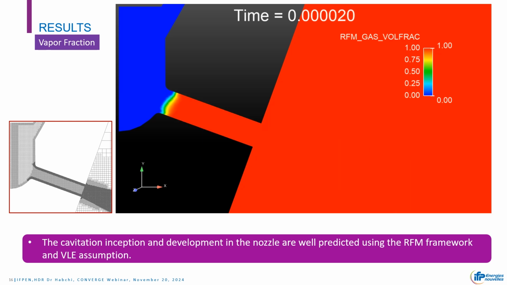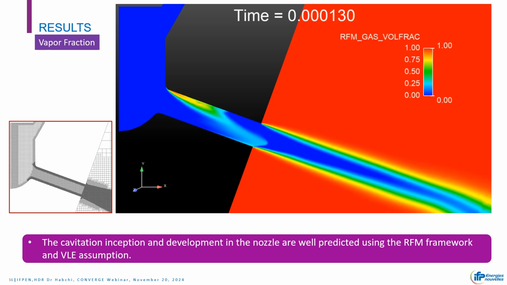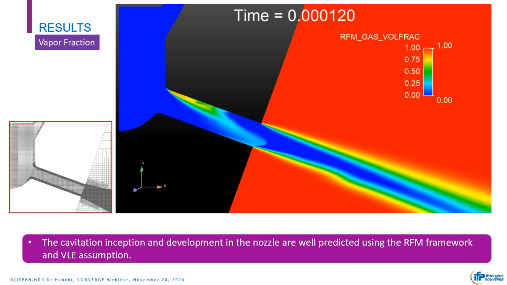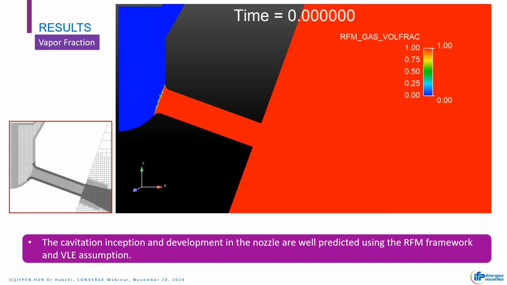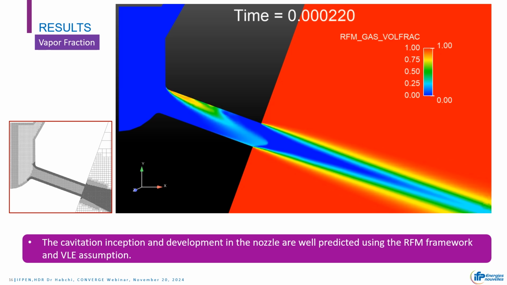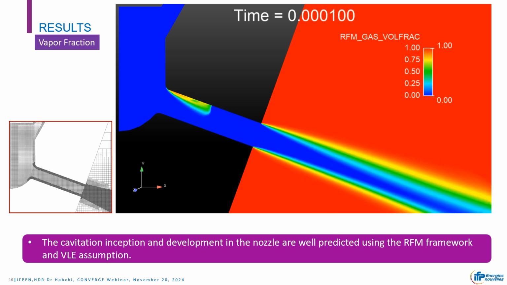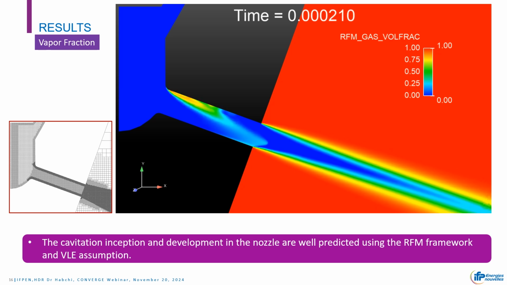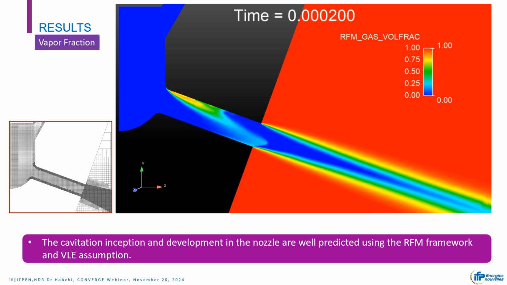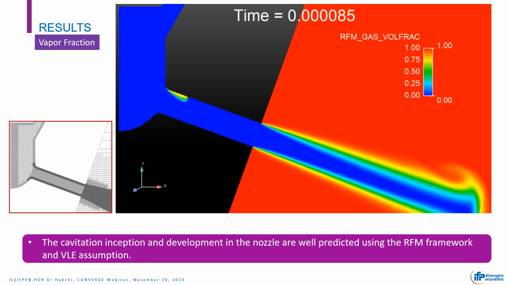As usual, this is classical, and we can see that the cavitation is deviated to the other side due to the flow inside the hole, and is affecting the velocity, the injection velocity.